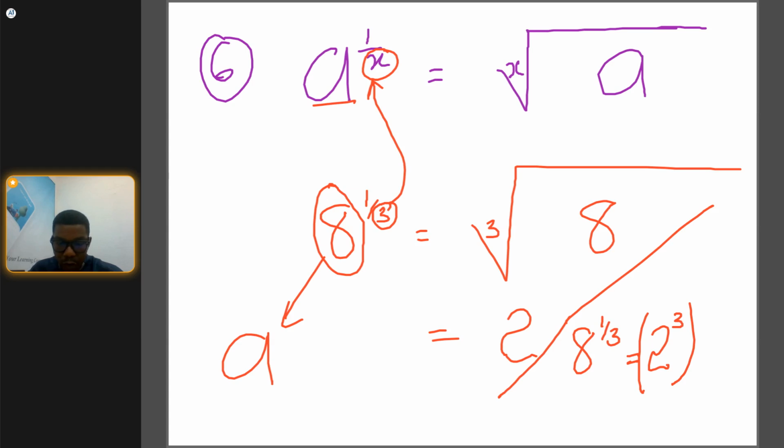Now I will put this power outside the bracket. What I have in the bracket is still 8, because if you multiply this, you end up to have 8 as your answer. So with this, I can say 3 cancel 3. I'm having 2 raised to power 1 left, which is also 2. So we have 2 as the answer.